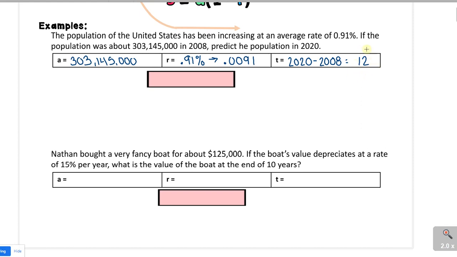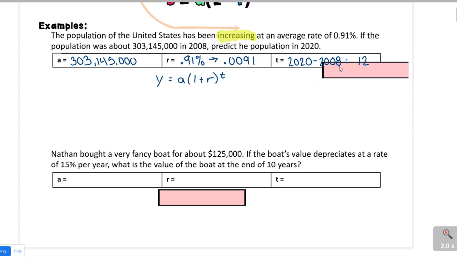So our time is 12 years. So is this a growth or a decay? We are given that it is increasing, so it's going to be a growth equation. So we're going to use y equals a times 1 plus r raised to the t.